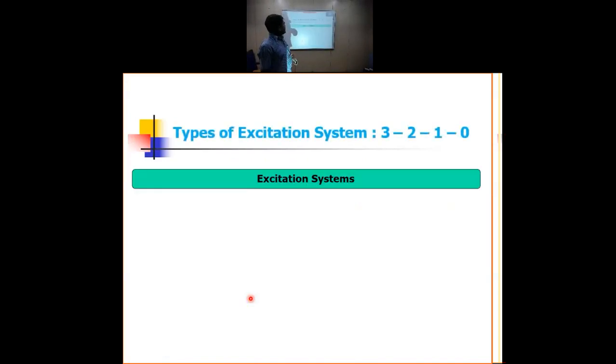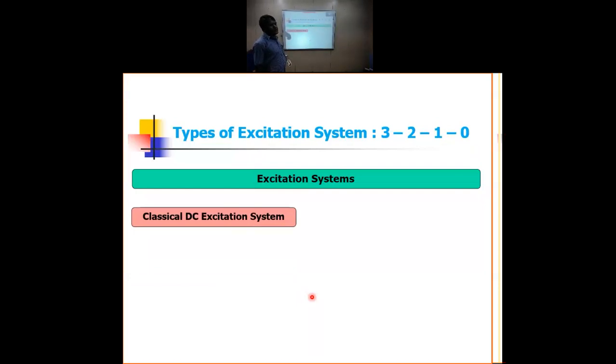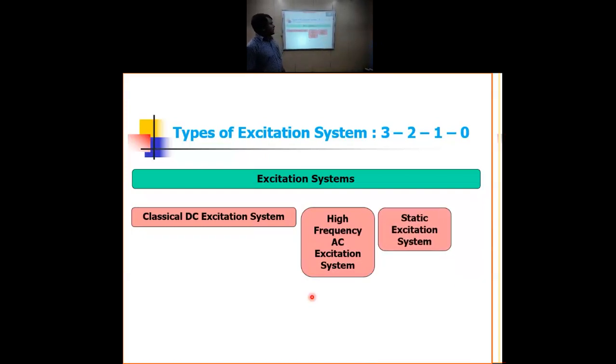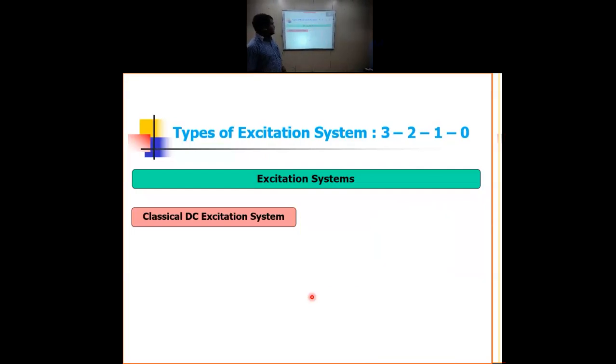Now types of excitation system. You see, I have kept 3, 2, 1, 0. What is the meaning of 3, 2, 1, 0? I will tell you later. First, you see the excitation system. Initially, it was the classical DC excitation system. Then came the high frequency excitation system. Then static. So, what is the meaning?